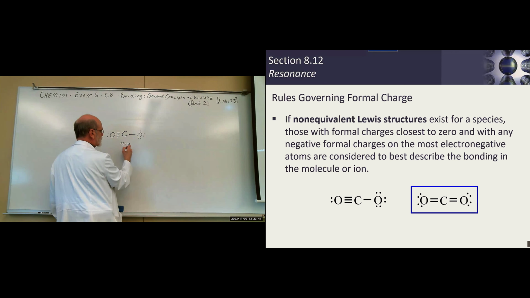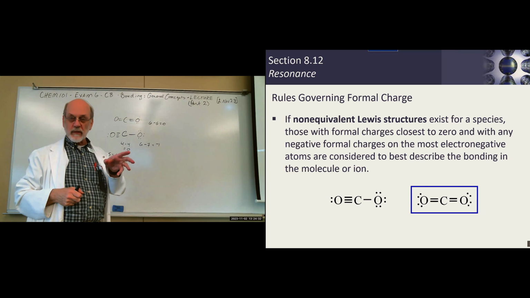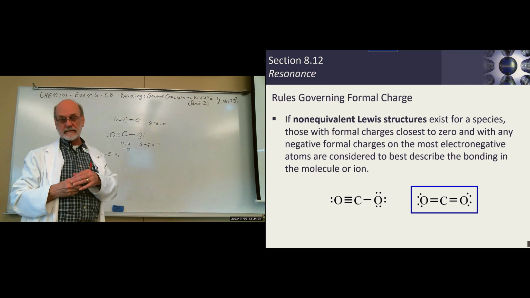If we do carbon dioxide, like that one, then we have 6 minus 1, 2, 3, 4, 5, 6 equals 0. Both sides. That's preferred. Both the oxygens are zeros rather than a -1 here and +1 there. So that's why we prefer the carbon with 2 double bonds, one on either side.